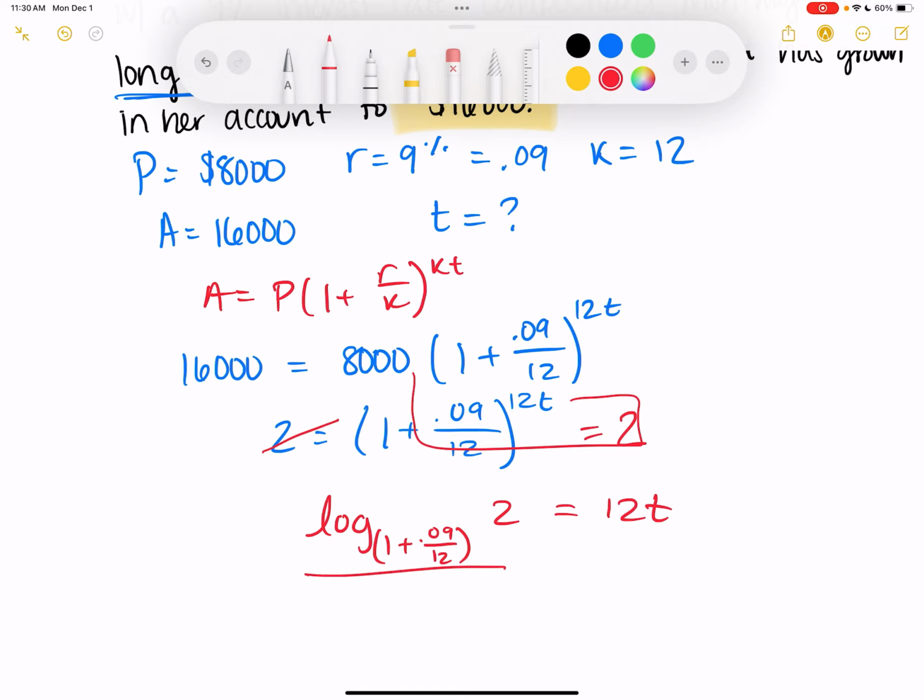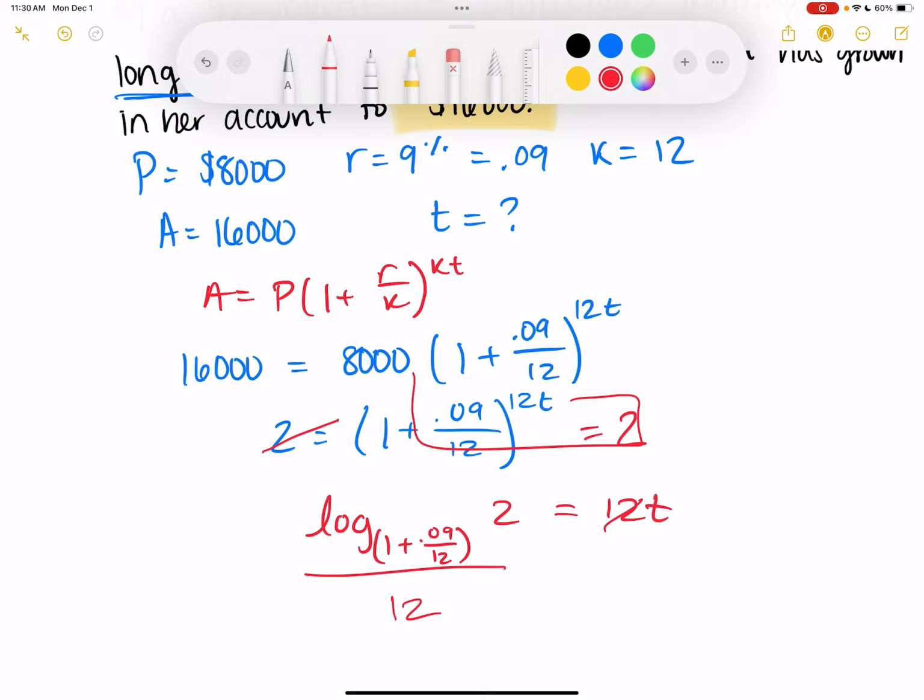And then once you find that number, you're going to need to divide that by 12. I got -0.024. I don't think that's right. It is not. Oh, 1 plus 0.09 over 12. 7.73.